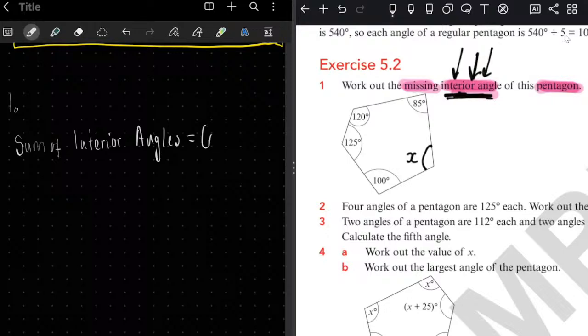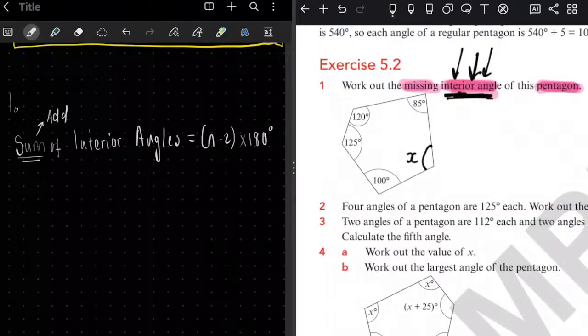Yes, n minus 2, then times 180 degrees. So now, let's do the sum. The word sum means what should you do? You must add. So first you must write this. Sum is n minus 2 times 180.